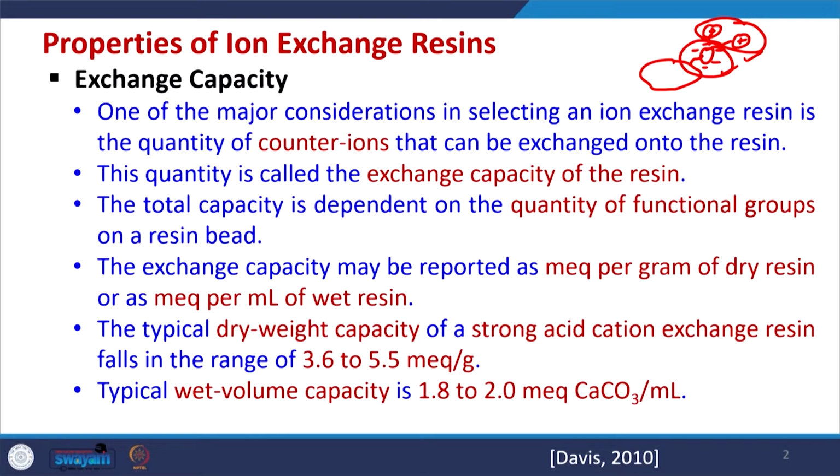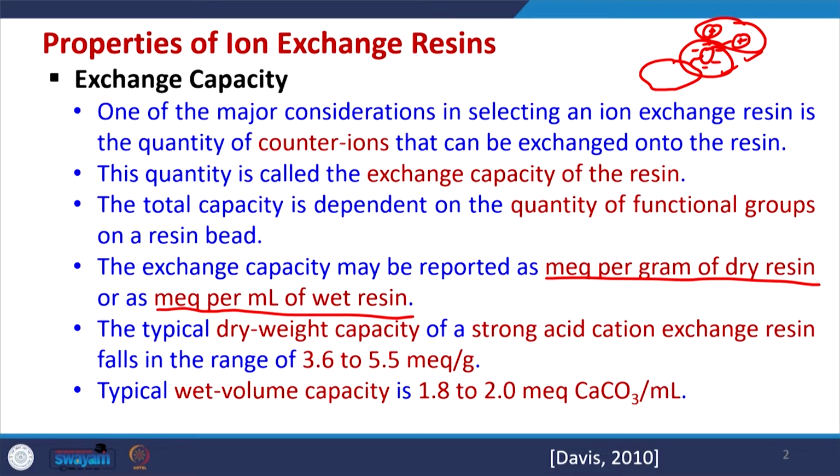Now, going further, the exchange capacity is generally reported as milli equivalent per gram of the dry resin. Also, it can be reported as milli equivalent per ml of the wet resin. So, this way we can report the exchange capacity of any ion exchange resin.